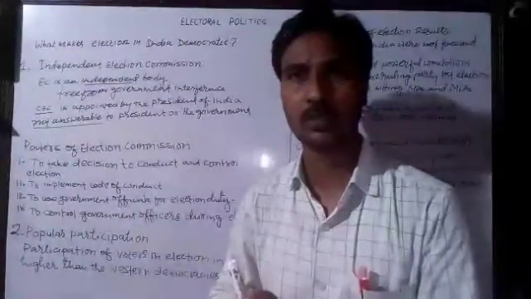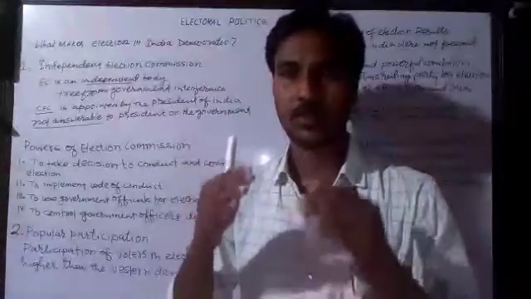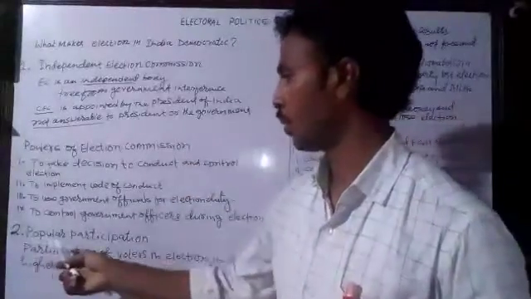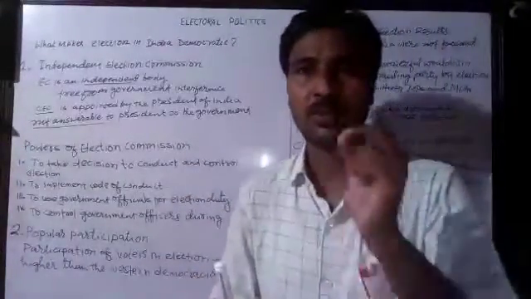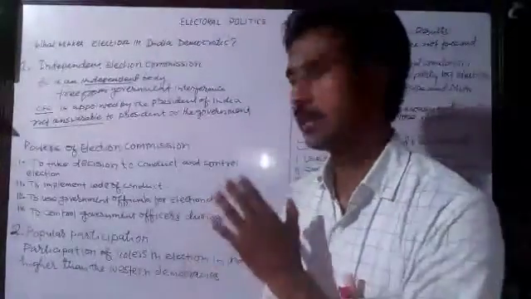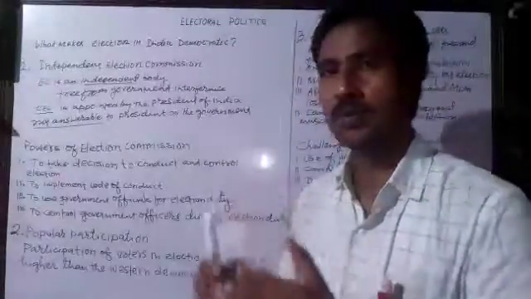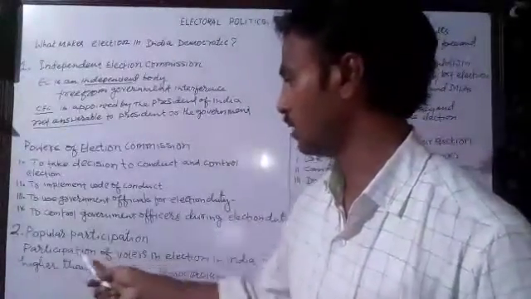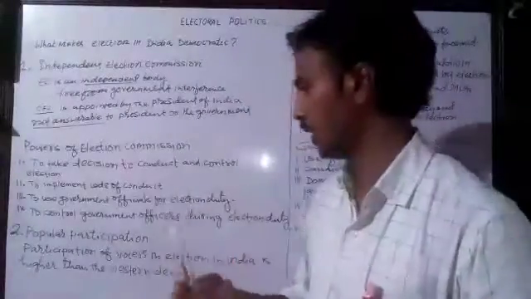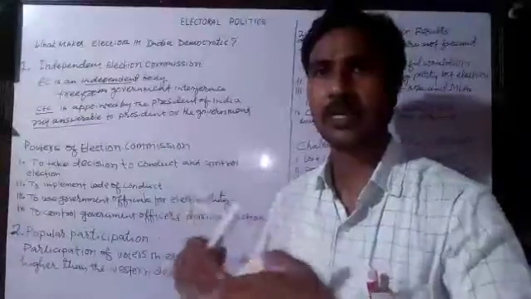So the working of the election commission proves that the election in India is democratic. Second thing, popular participation. The participation of the voters in India proves that election in India is really democratic. How does it prove? The participation of voters in election has always been found to be constant, and even increased.